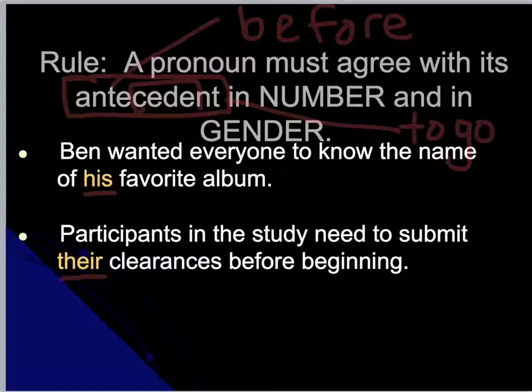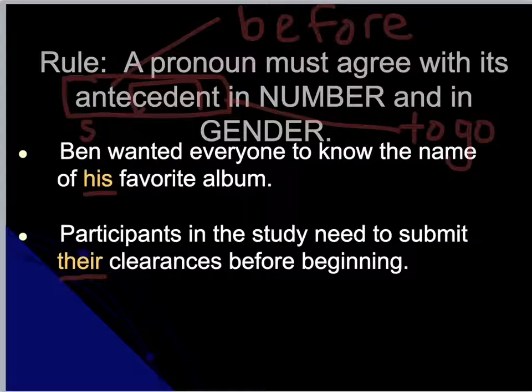That will determine the number, that is, do we have a singular or a plural pronoun, and sometimes the gender, in the case of Ben's sentence. Since Ben is male and singular, I'm writing S for singular.